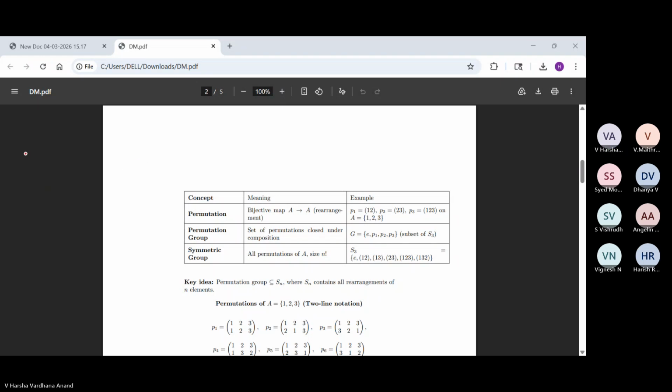There'll be different kinds of permutations. P1 can be this. P2 can be in reverse order: 1 to 2, 2 to 1, and 3 to 2. Like this, you can have numerous permutation sets.